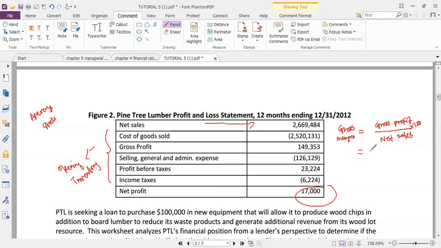So our gross profit is 149,353 divided by 2,669,484 times 100%. So what is your answer?